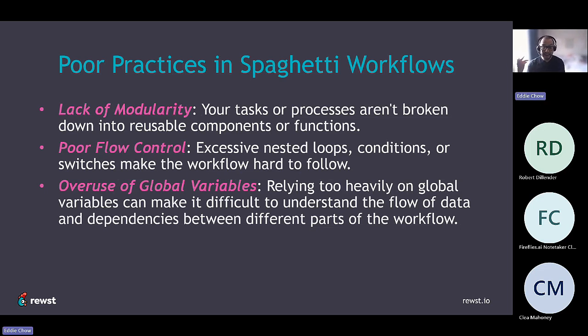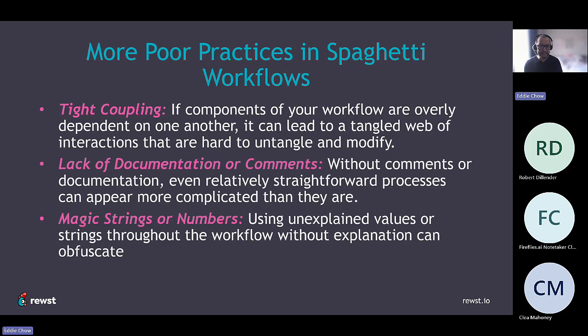Do we need to account for these 12? Are there ways where we can reduce things down if possible? There might not be, but oftentimes if a single no-op has so many transitions, you might want to think through the problem a little bit more. So some issues there, and then a lot of the other common ones that might be happening, things like tight coupling, lack of documentation, and magic strings.